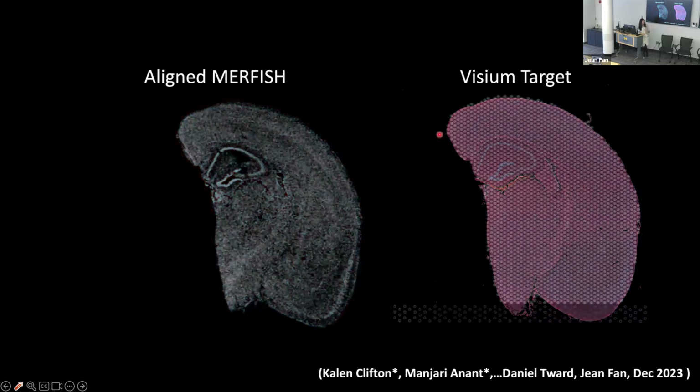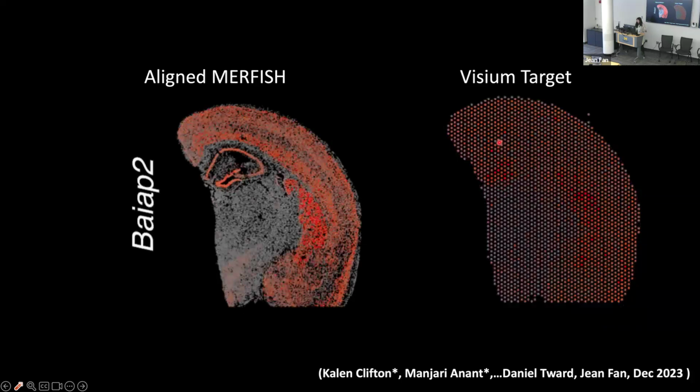So again, once we've done that alignment, now we can compare apples to apples. We have our aligned MERFISH and also our Visium spots, and we can, for example, look at shared genes, which in this case is limited by the Visium or MERFISH, but we can appreciate, just visually for now, what are the resolution and detection efficiency differences between these technologies.